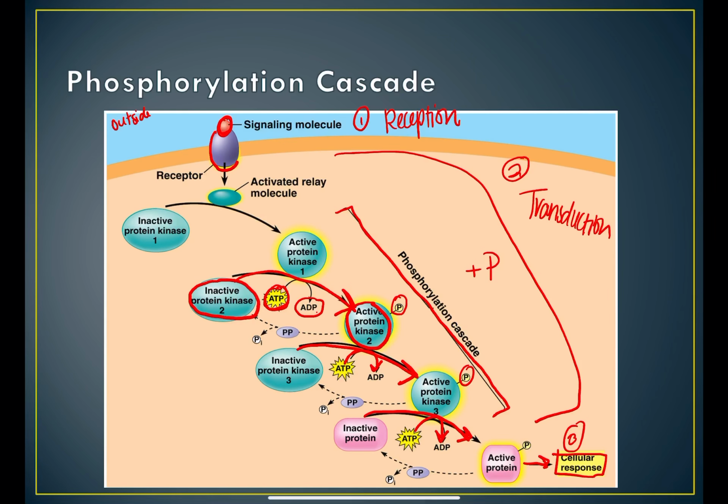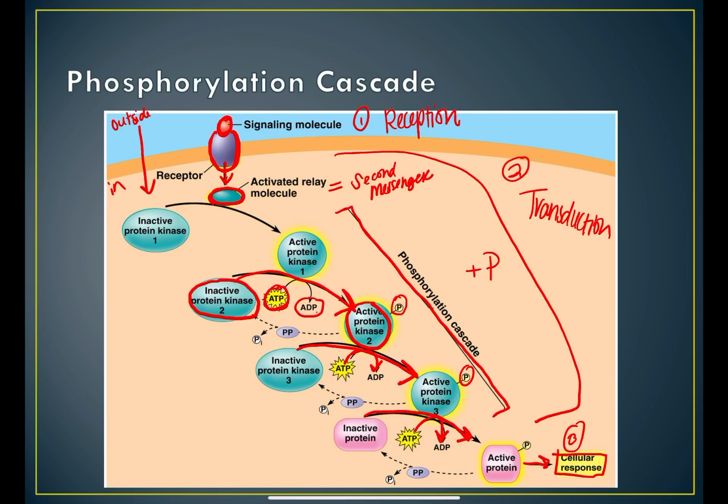This is our transmembrane receptor, which could be a receptor tyrosine kinase, a G protein coupled receptor, or a ligand-gated ion channel, any of those. And our signaling molecule binds, and that signal is sent from the outside of the cell inside the cell, okay? And so once that receptor receives that signal, then it is going to activate a relay molecule. We are going to talk about this relay molecule in just a second, and we are going to call it a second messenger, okay?